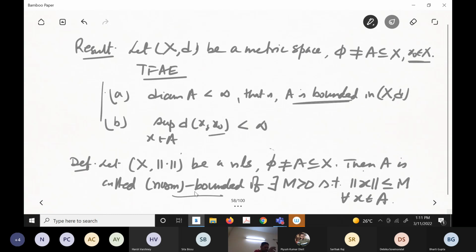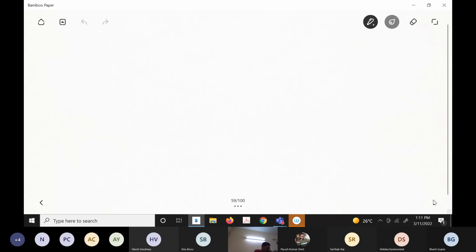Okay, why am I talking about this? In a nonlinear space we have the concept of boundedness, similar to and equivalent to that of the metric space.